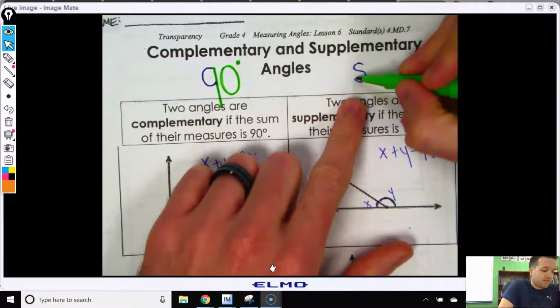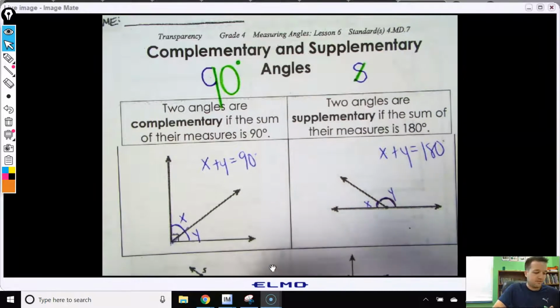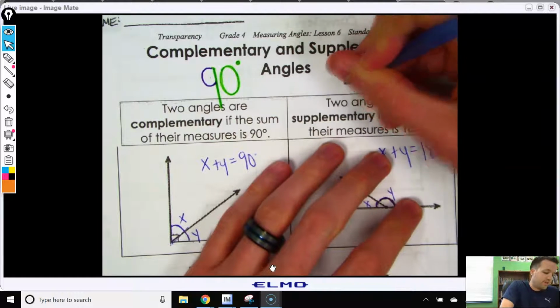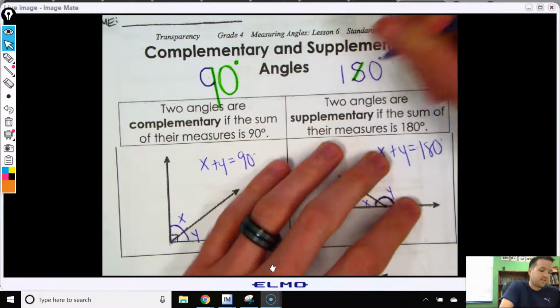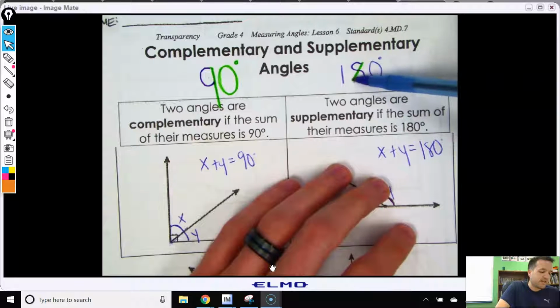Here's your letter S. Take your pencil and make a little diagonal line there. Now, if you notice, see how it's kind of like 180? It's like a little H right here.